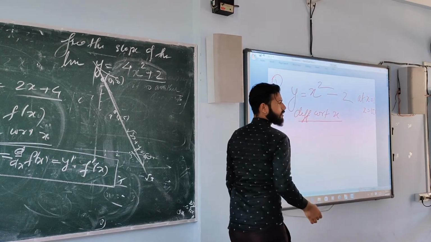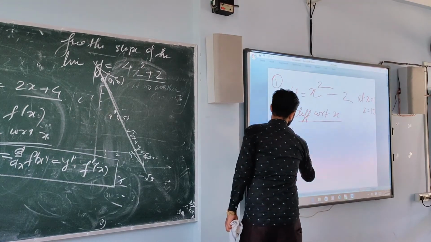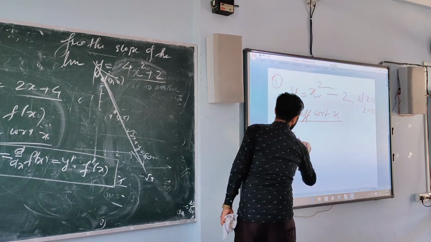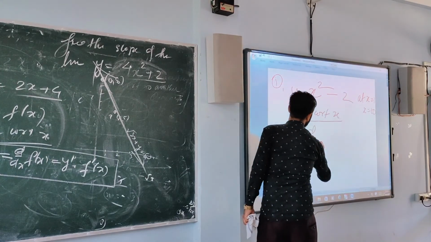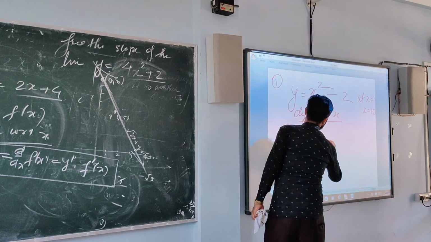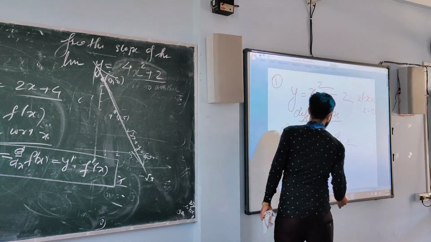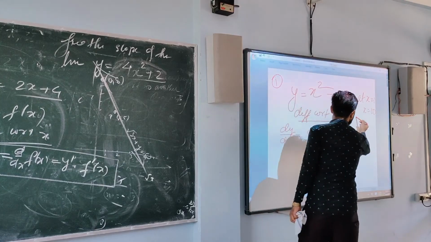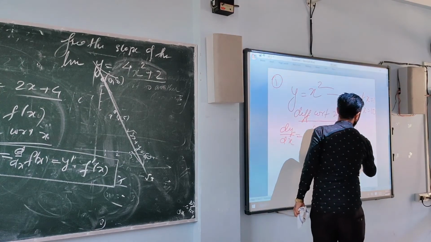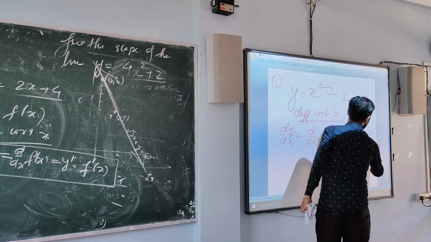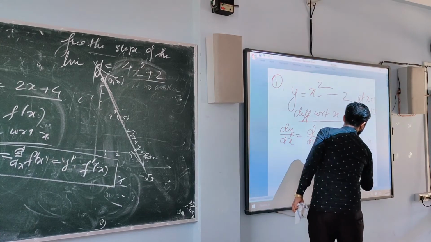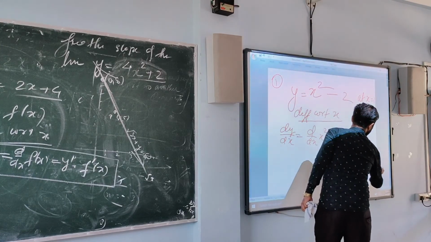Alright, that means dy by dx equal to d/dx of x square minus d/dx of 2. So we know a formula: d/dx of x to the power n equal to n x to the power n minus 1.